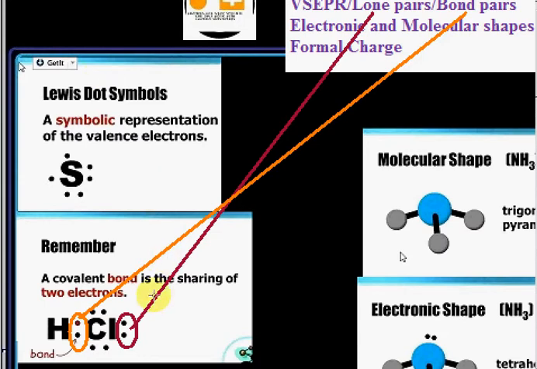The important and really interesting difference between the lone pairs and the bond pairs is this: the lone pairs, because they're not involved in any of the bonding between the two atoms, for instance the hydrogen and the chlorine, fix themselves closer to the nucleus of the chlorine atom.